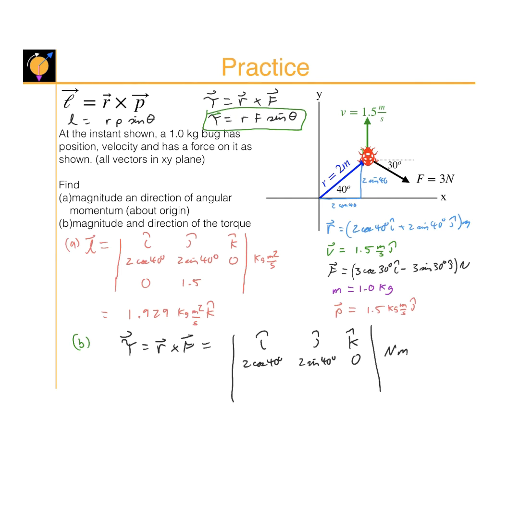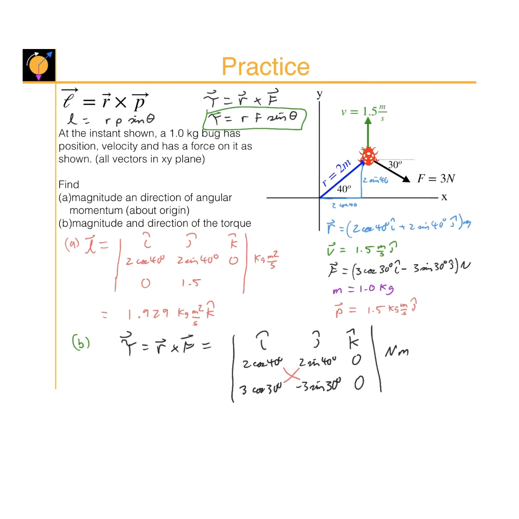And then we put in the force vector, which is 3 cosine 30 degrees and negative 3 sine of 30 degrees and 0. And you notice here, when we do the cross for the i component, it's going to be 0, because you're multiplying something times 0 in both cases. And we do it for the j component, it's also going to be 0. The only one that's not going to be 0 is the k component there.